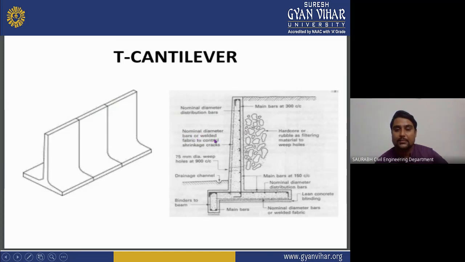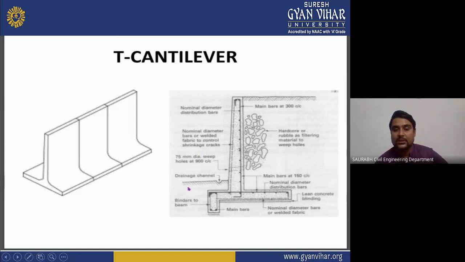Nominal diameter bars or welded fabric to control shrinkage cracks are also provided here, and 75 dia weep holes at 900 center to center are also provided here.